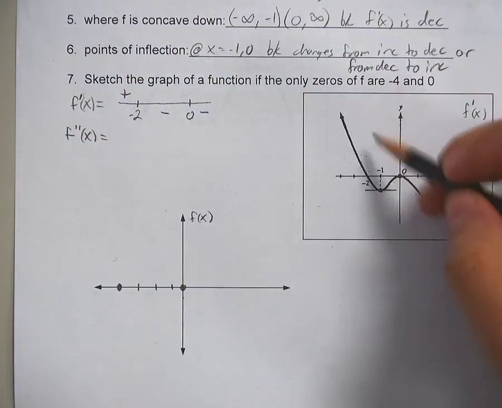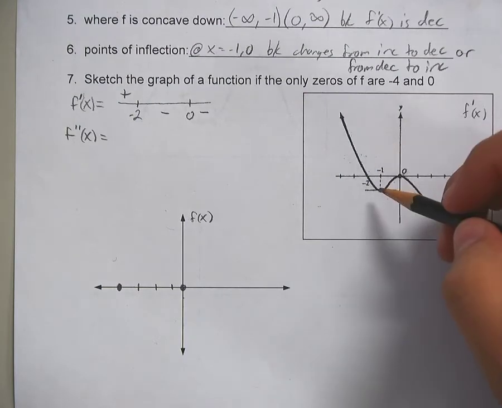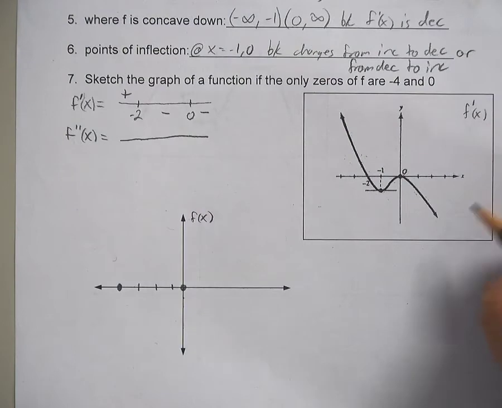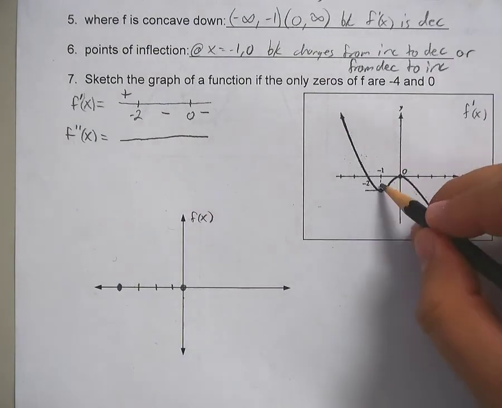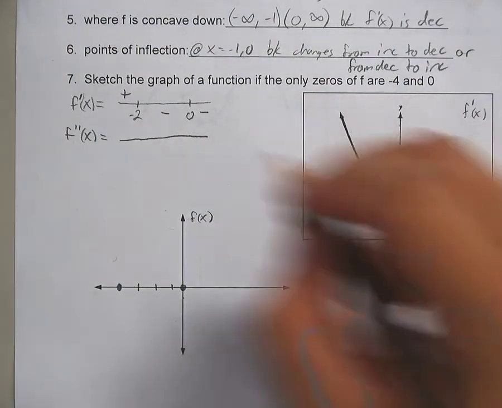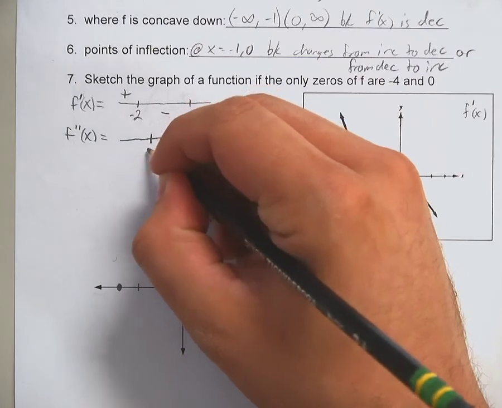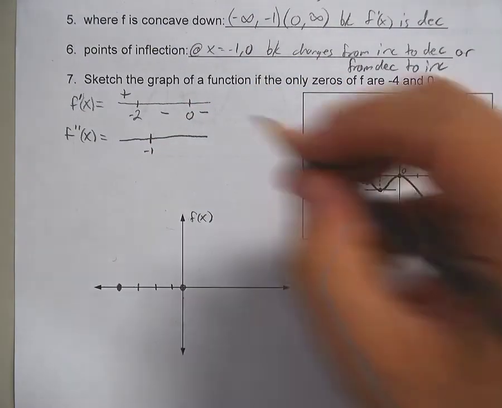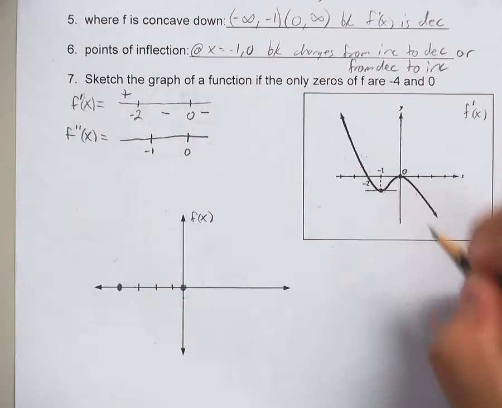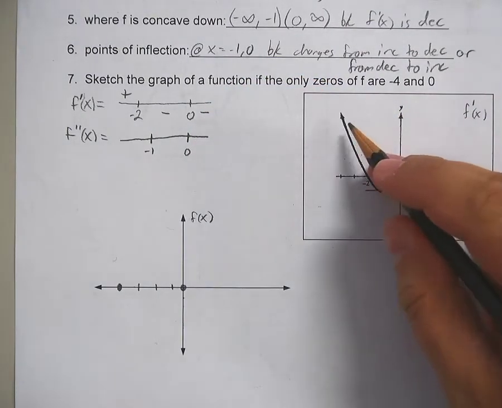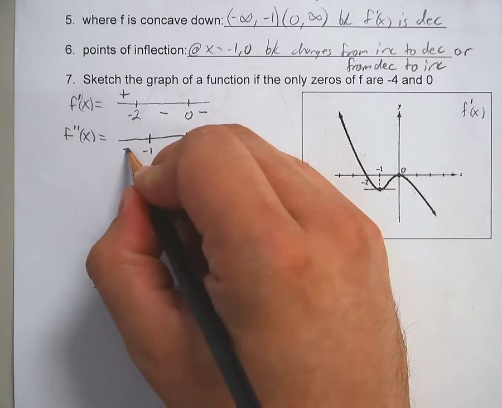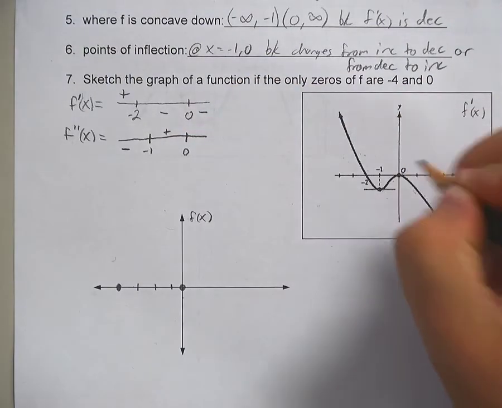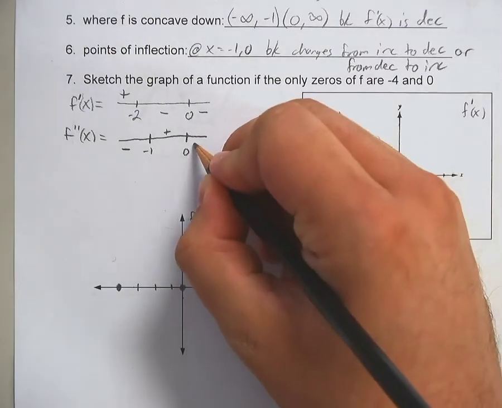We're looking at the slope of f prime. And that's going to change in a couple of spots here. It's going to change right here, excuse me, at -1. And then it's going to change again at 0, looks like. So your slope is negative to the left of -1, positive between -1 and 0, and negative after 0.